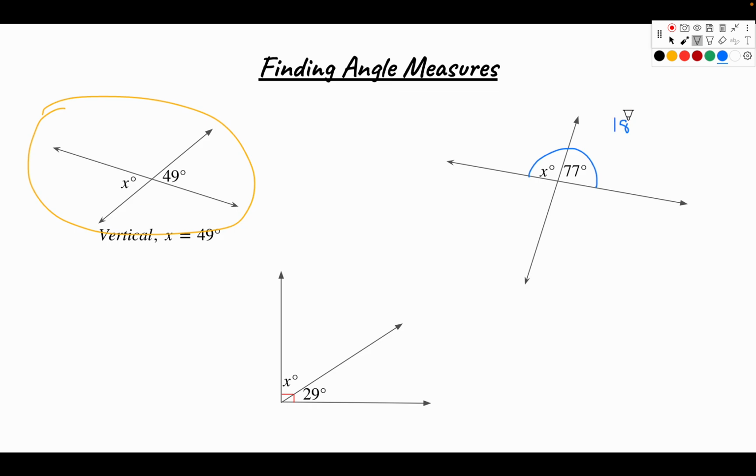So I can take 180, subtract 77, and we would know because they are a linear pair that X is equal to 103 degrees. And in our final example, when I see this little red box, that indicates a 90-degree angle. Those two angles are complementary. So we need to figure out what angle plus 29 degrees is going to get us 90, and that would be 61. So X is equal to 61 degrees.